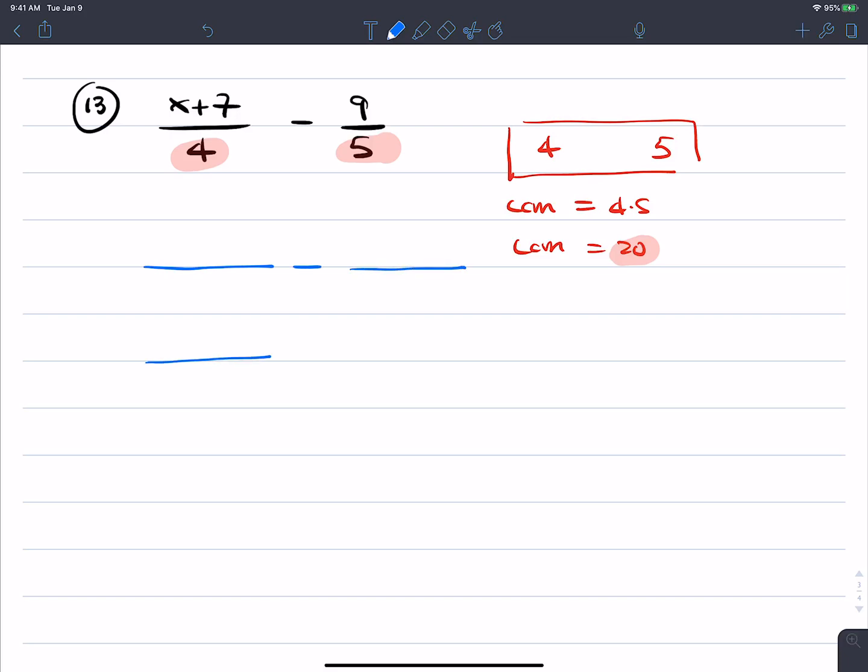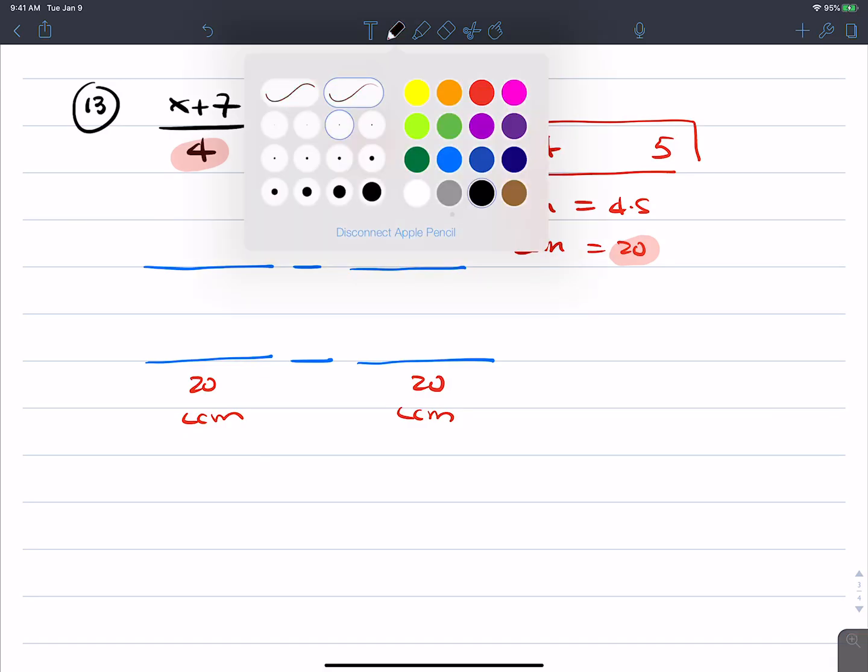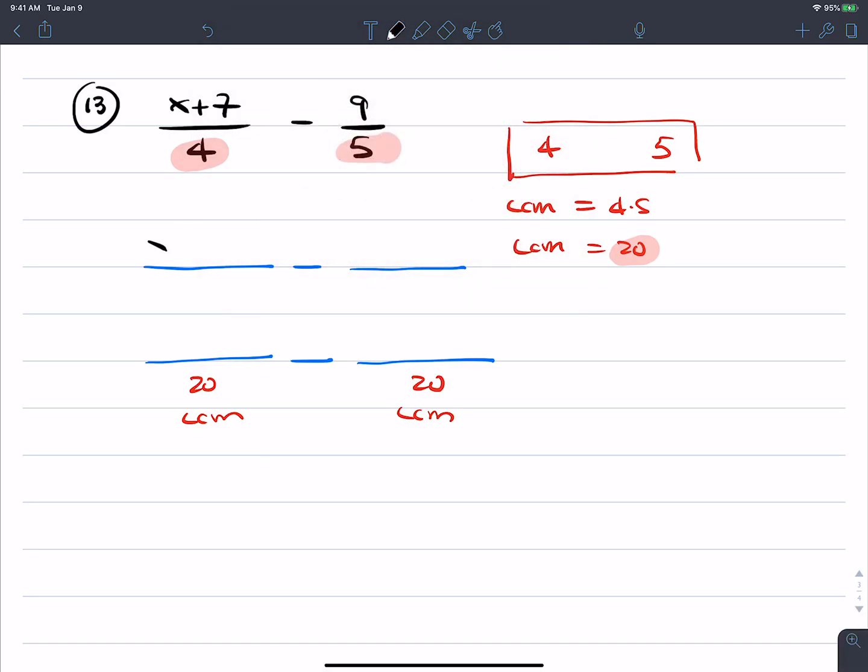Down here, 20 is the LCM. And we just copy our fractions down again. x plus 7 over 4, 9 over 5.